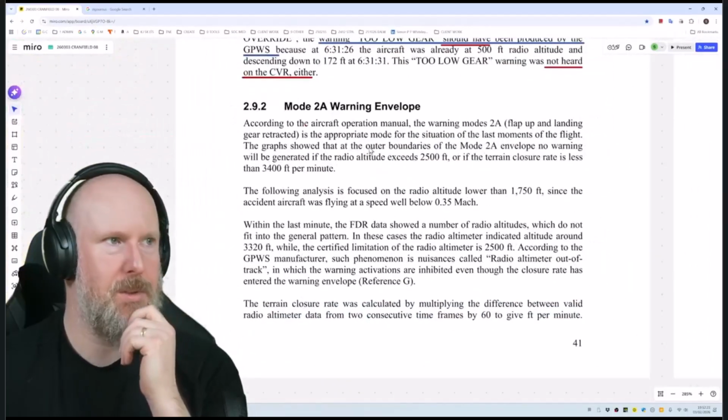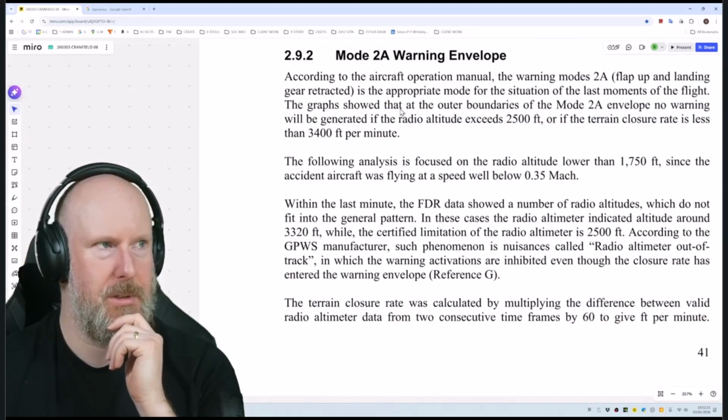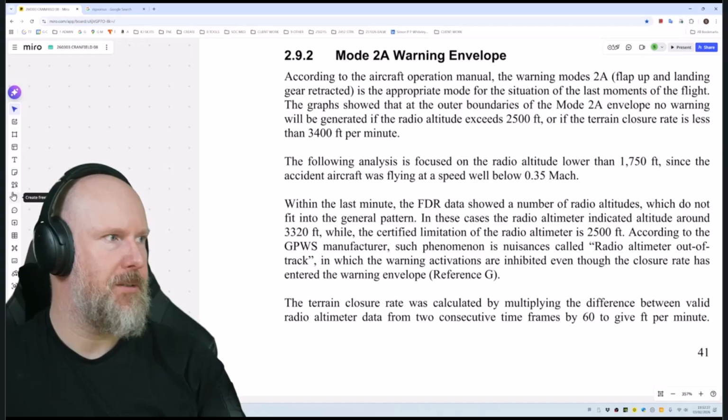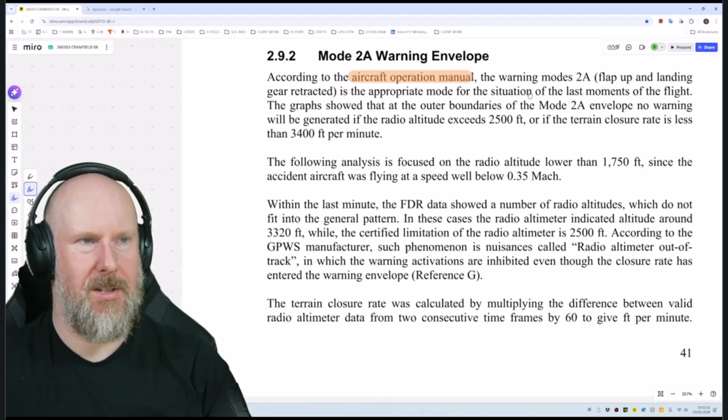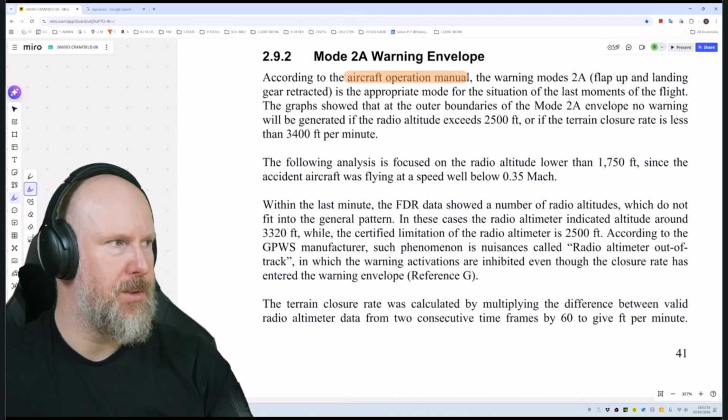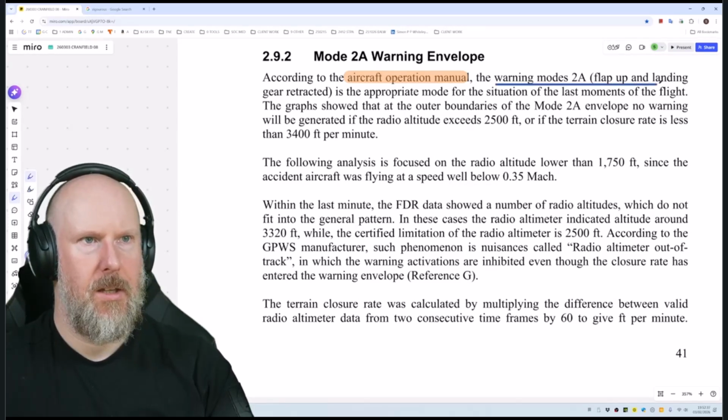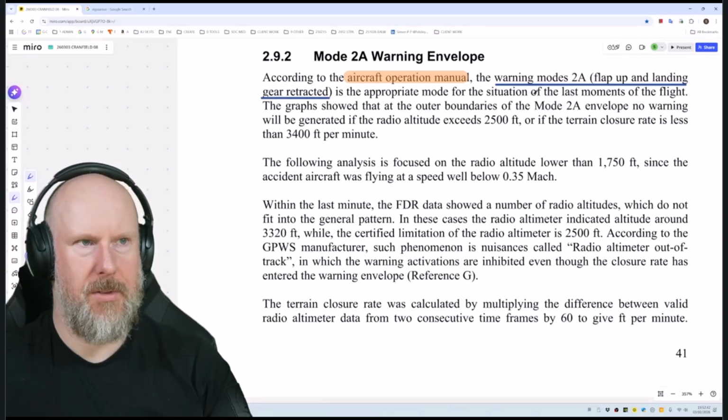So let's have a look then. Mode 2A warning envelope. According to the aircraft operation manual, the warning Mode 2A, flap up and landing gear retracted, is the appropriate mode for the situation of the last moments of the flight.